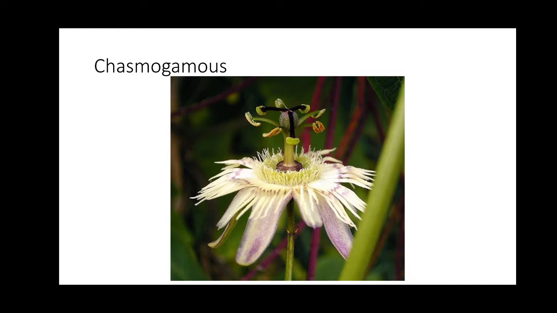But the process of pollination can be controlled in another method, in which this flower can mature the reproductive parts in different time spans. It is possible that the anther will mature earlier than the pistil, or we can say the stigma also, right?